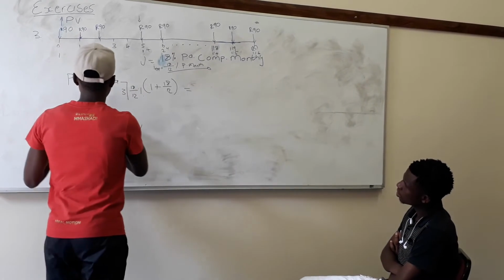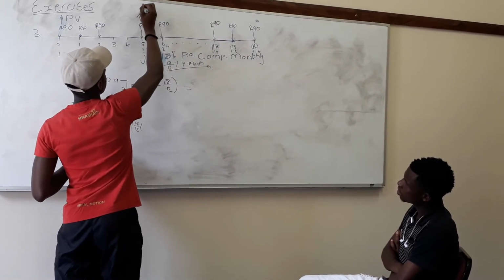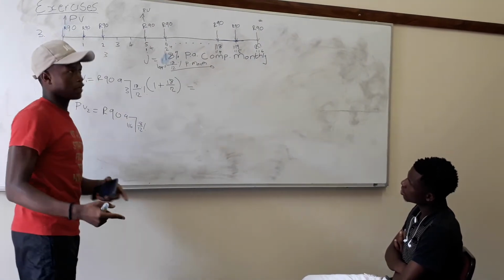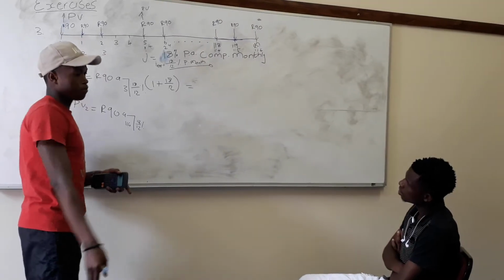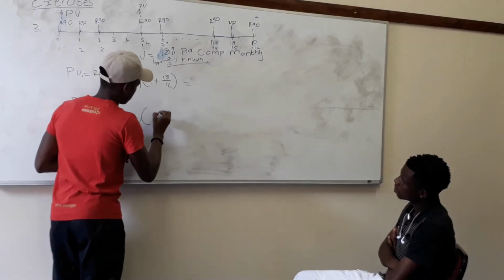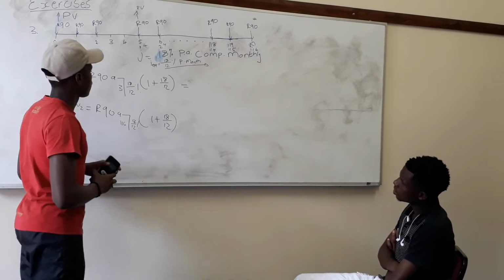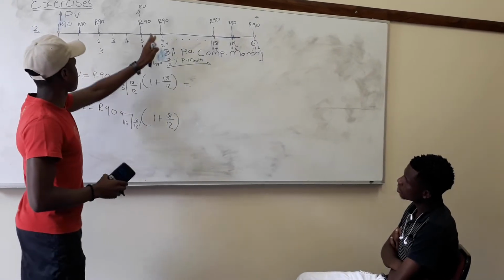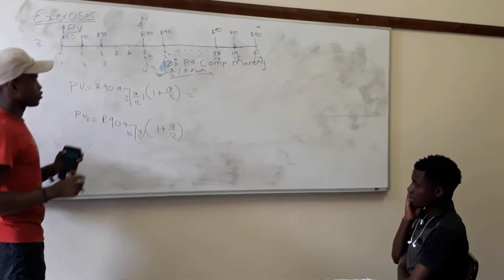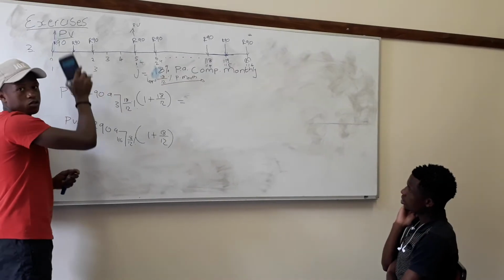So remember, I'm wanting to find PV here, right? Which means that this is in advance because I'm making payment and I want to find my PV. So I need to include this bracket, the extra bracket. But then this question asked me to find the PV at time 0. That means I need to take the amount here backwards to time 0.